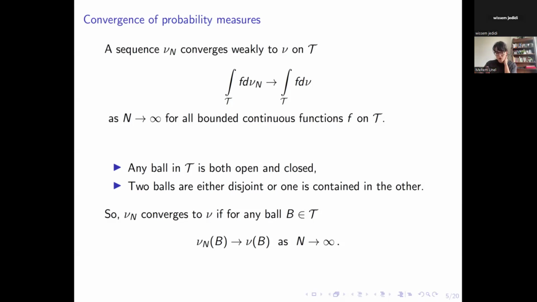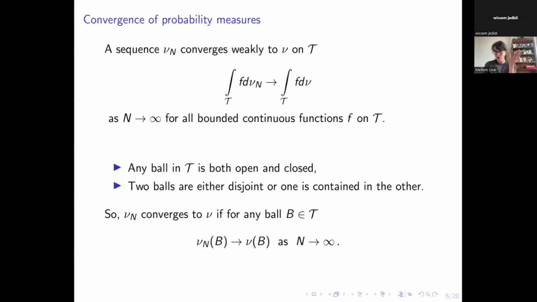Thanks to these properties, one can study the convergence of nu n just on the set of the balls. For any ball, let's say, in my space, this should have been a curly B, this is my fault.